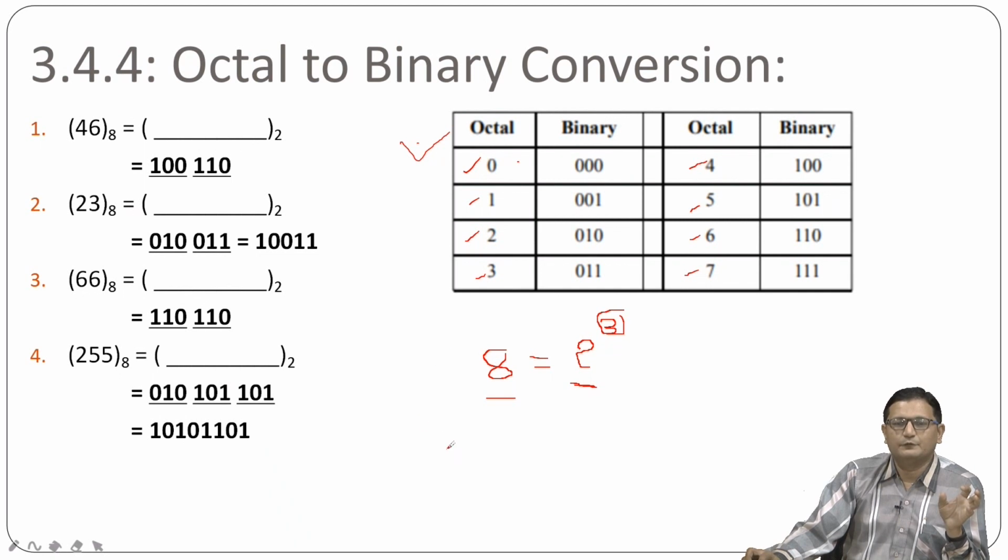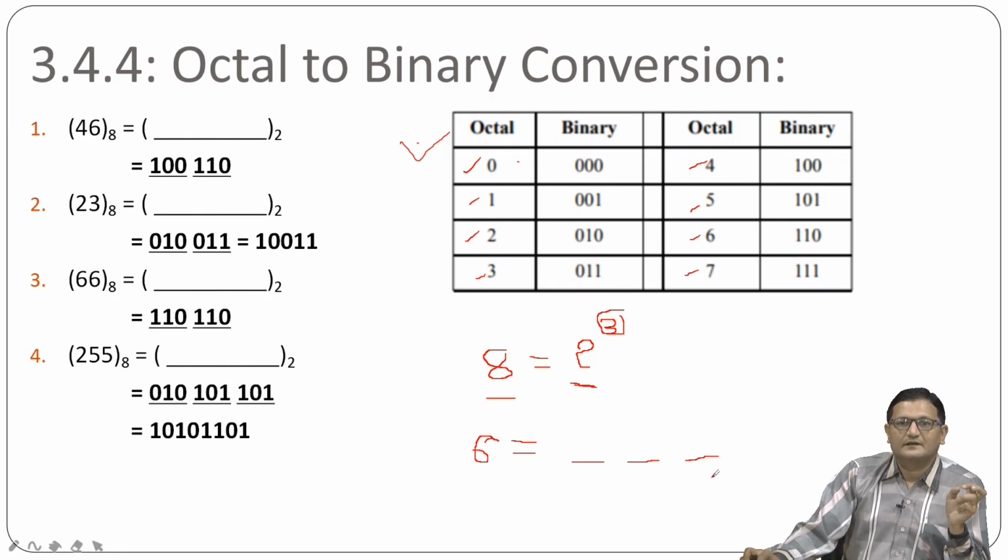Let's suppose any octal number is given to you, we need to use 3 bits of binary, right? Suppose 6 is there, okay, so how can we make 6? Fine. So here you just make 3 bits.